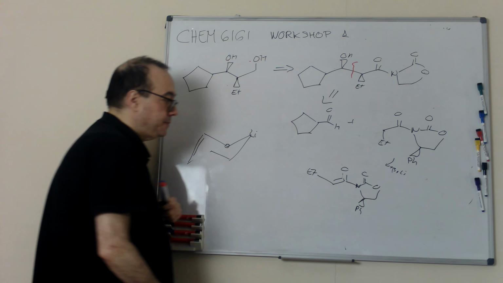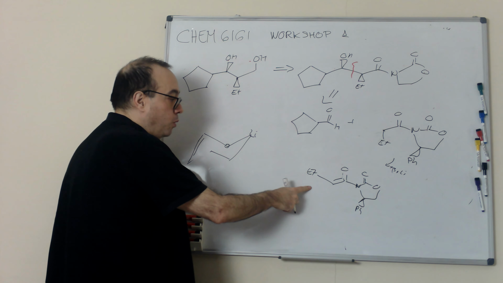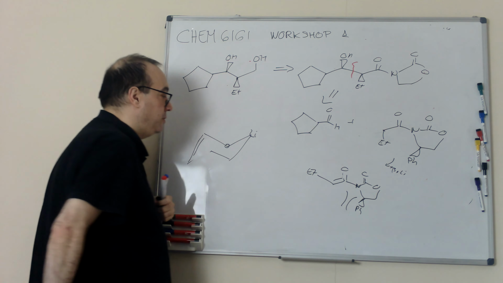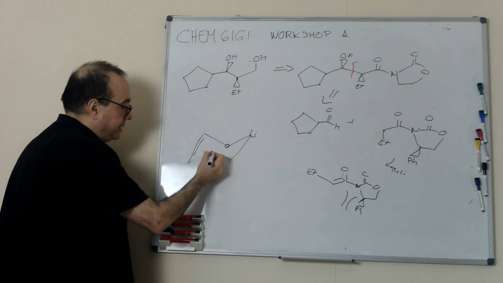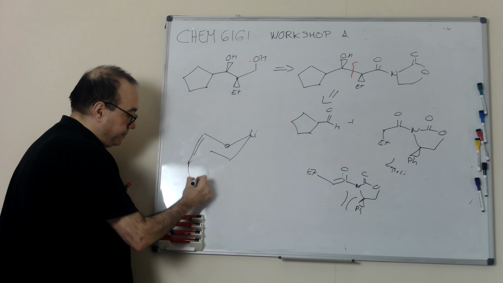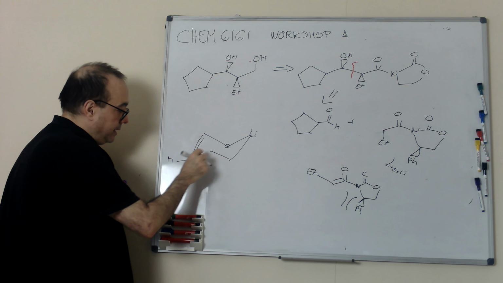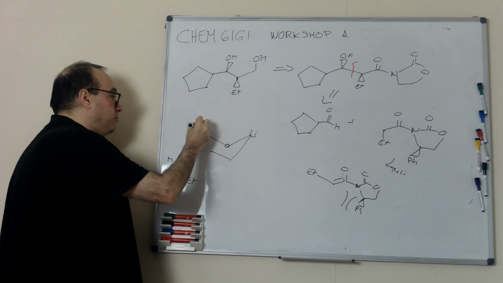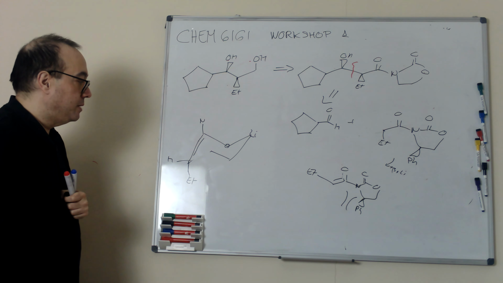Okay? Why? In order to avoid interaction with the substituent of the Evans. That means that I put here the ethyl, here the hydrogen, the ethyl in the same direction as the oxygen, and here will be the chiral auxiliary that I will draw now.